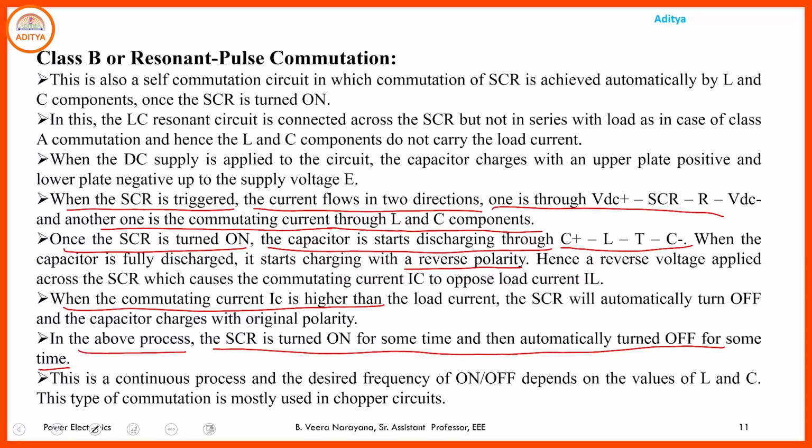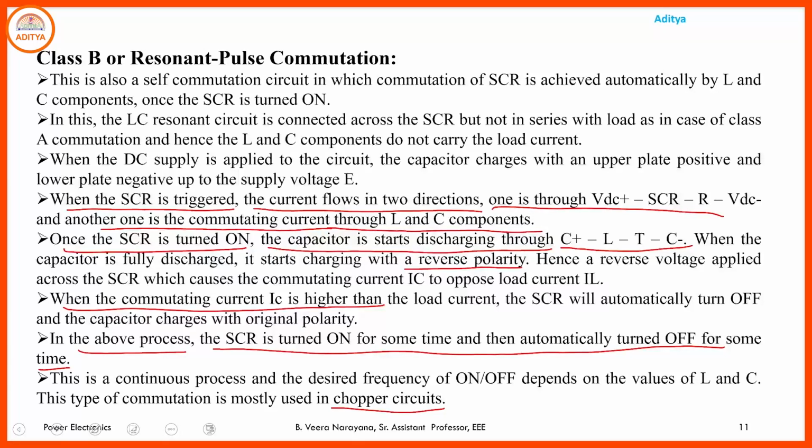Class B commutation is also called self commutation. By controlling the on and off periods, we are able to control the output voltage. This type of commutation is used in chopper circuits.